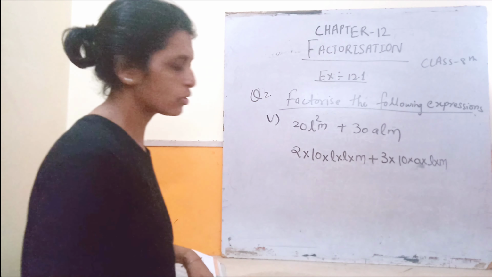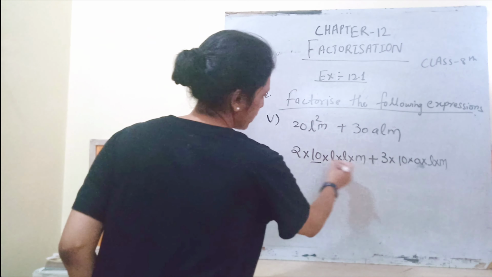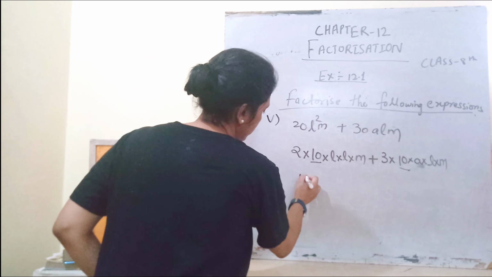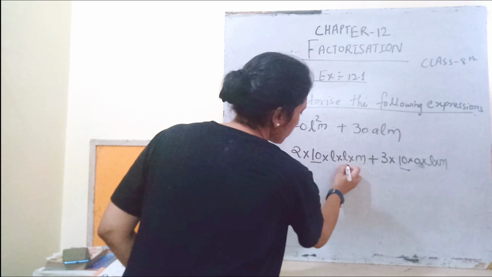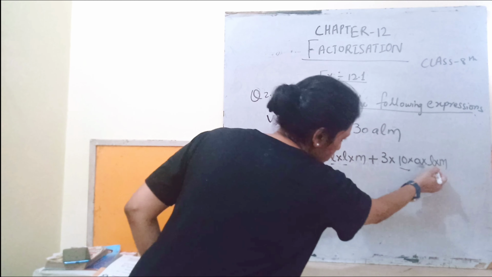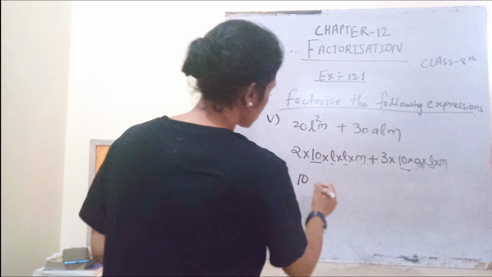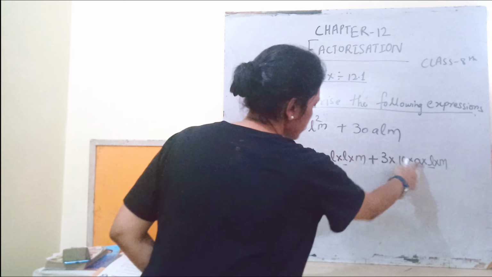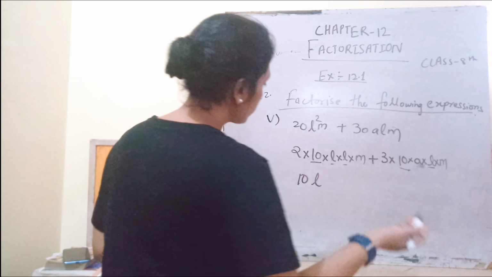Now see what all the things we have in common. In the first term we have 10, in the second term also we have 10. So we can take 10 as the common factor. Here there are 2 l's, but in the second term there is a single l, so we can take at least 1 l as common. Now a is present in the second term, but in the first term a is not there, so we cannot take a as the common factor.